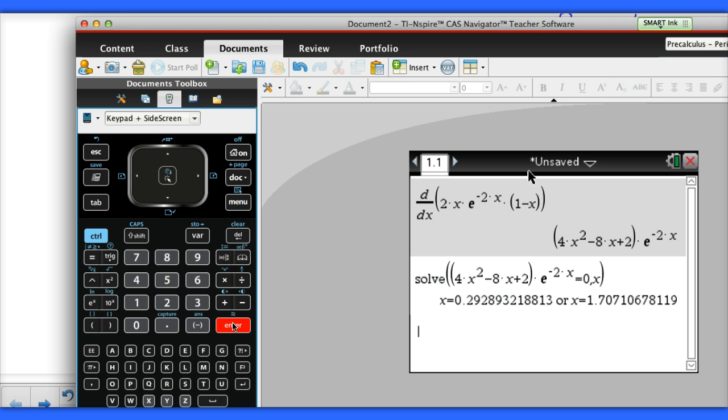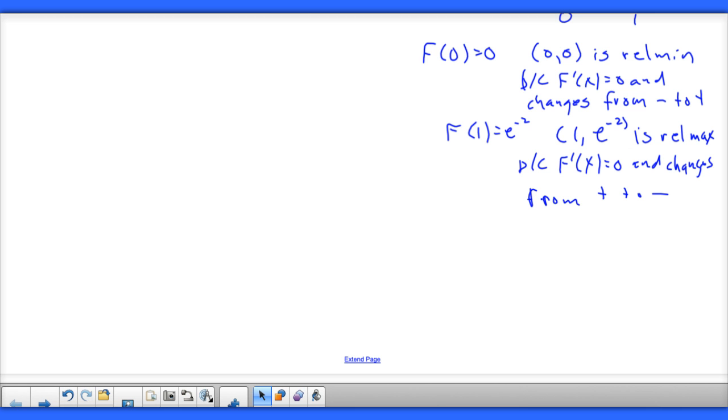Well, so those are our two values. Let's go back to our document.